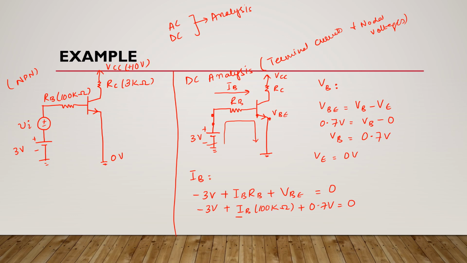After solving this, you will get IB is equal to 2.3 divided by 100 kilo ohms, which is 0.023 milliamperes. So this is your base current.